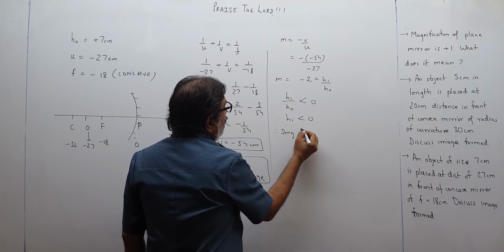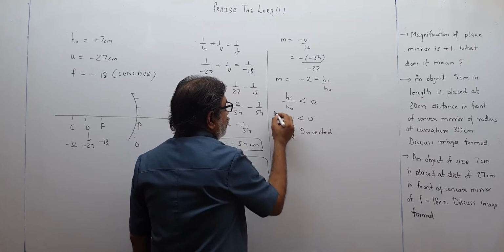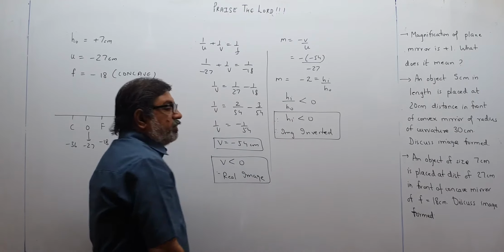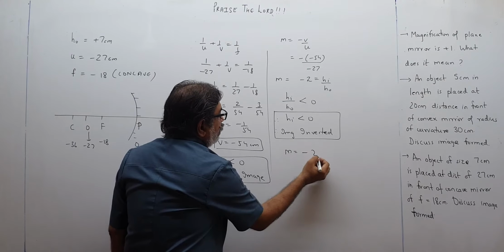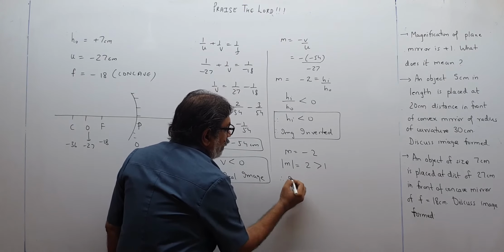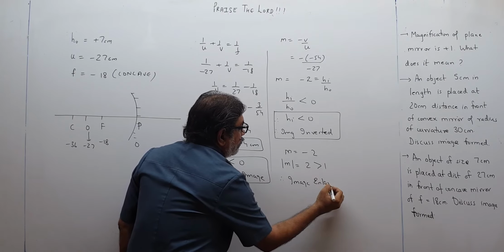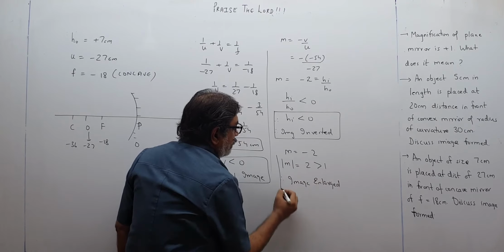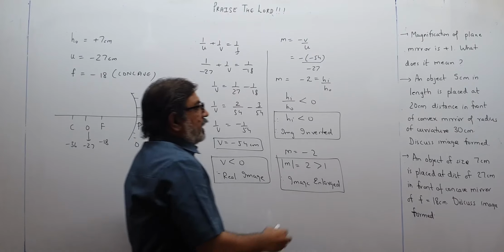Therefore the image will be inverted. M is minus 2. Mod M is 2, more than 1. Therefore the image is enlarged.